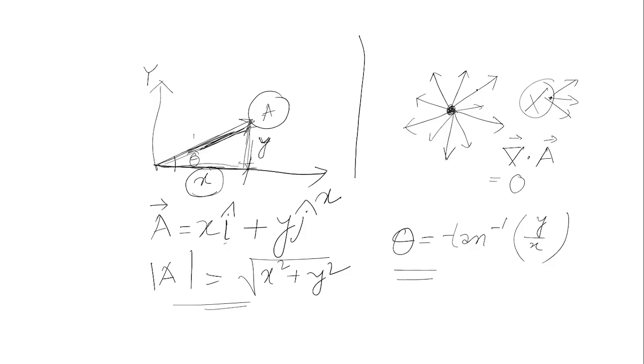That means it is a simple vector. If it is positive, then there is a positive divergence. The arrow will be from a point source towards infinity. And if it is negative, then from infinity to a source.